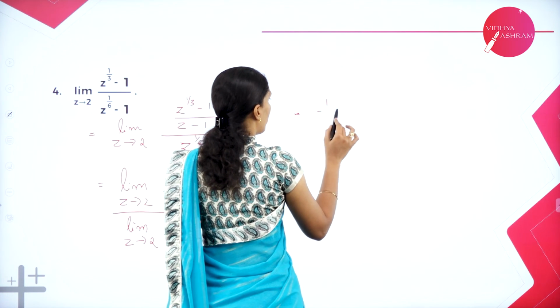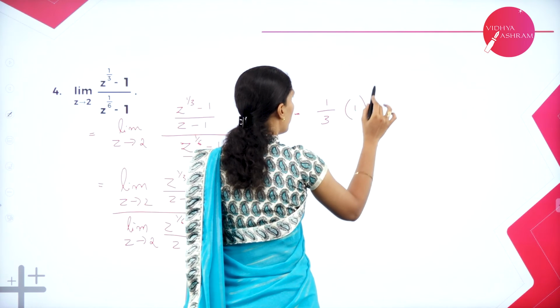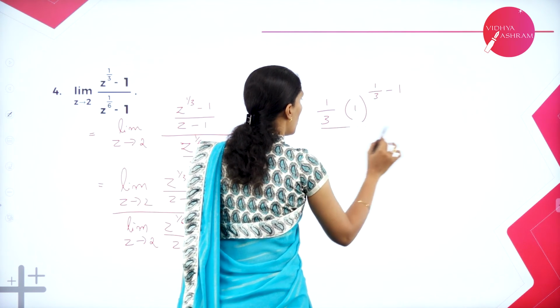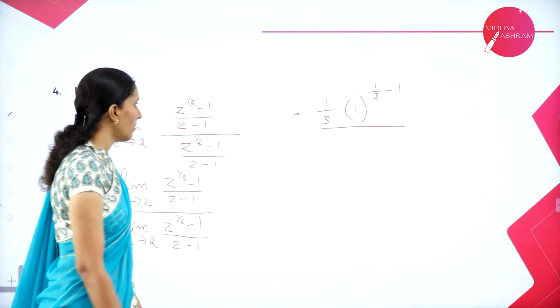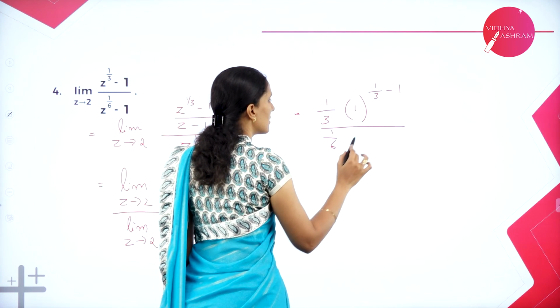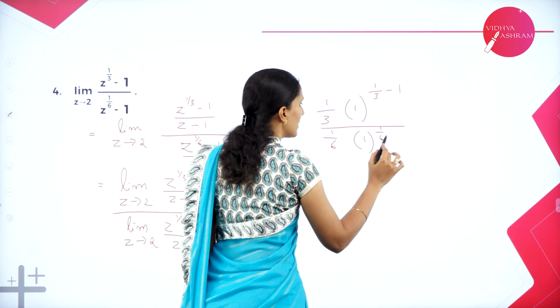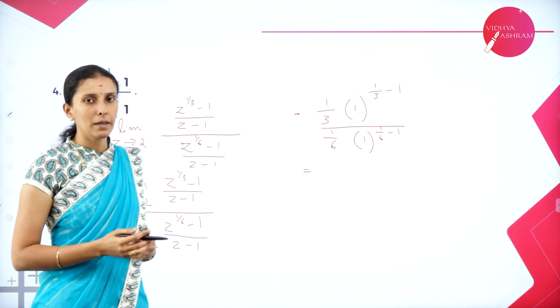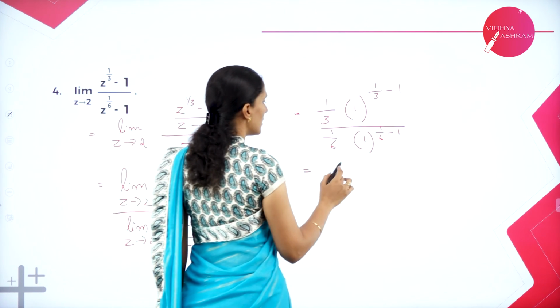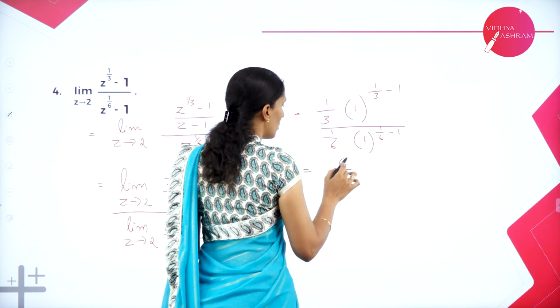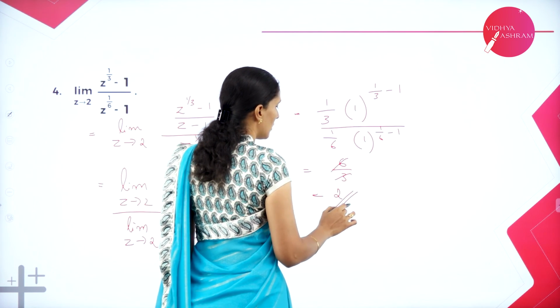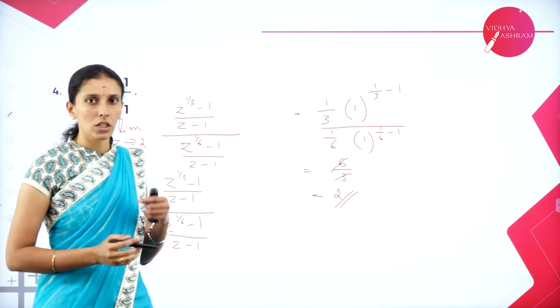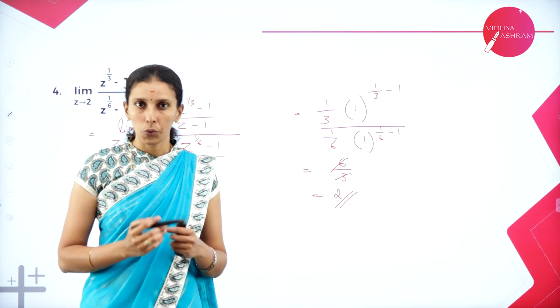So it is 1 by 3, 1 to the power 1 by 3 minus 1 whole divided by 1 by 6, 1 to the power 1 by 6 minus 1. So the value of 1 to any power is 1 only. So this is now 6 by 3 which is equal to 2. So the limit of the function is 2.